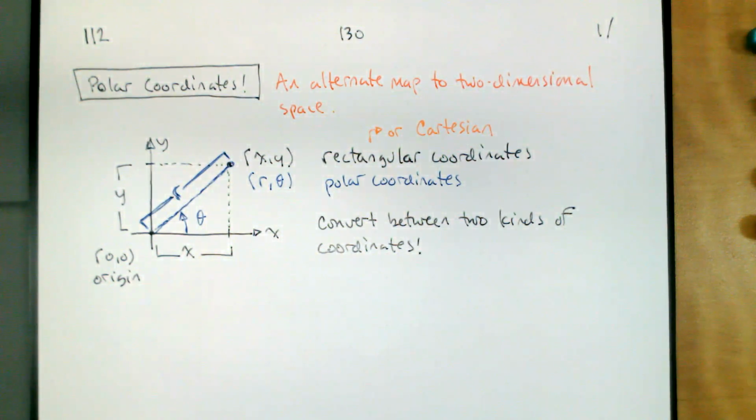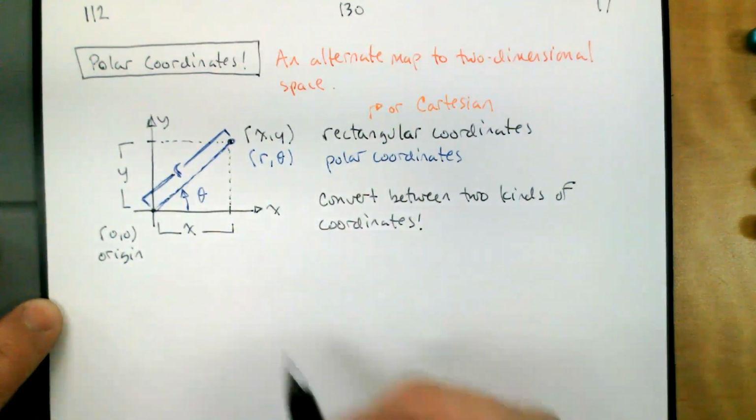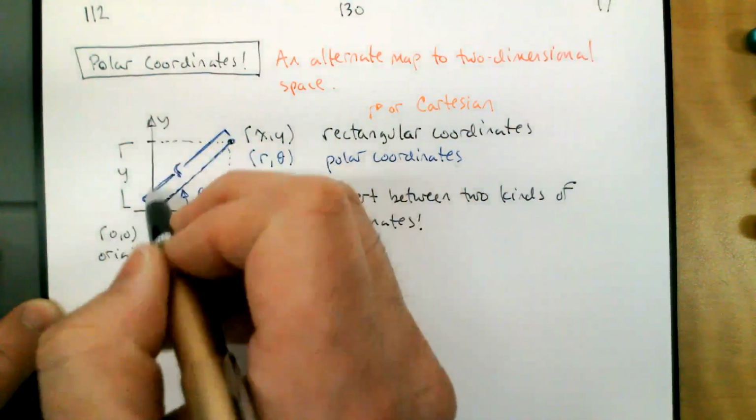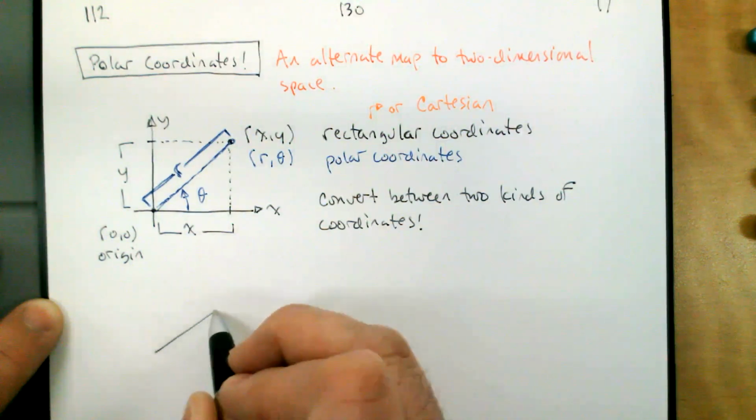So we should be able to take any address that we have in rectangular coordinates and change that to an address in polar coordinates. Conveniently, if I put y over here next to the axis, we can see exactly how this is going to go.